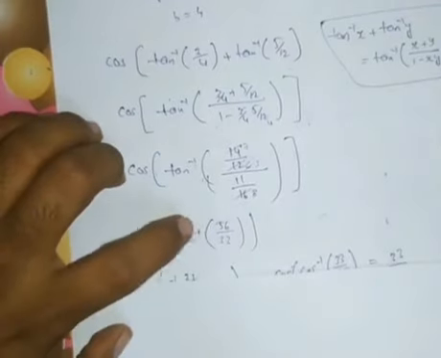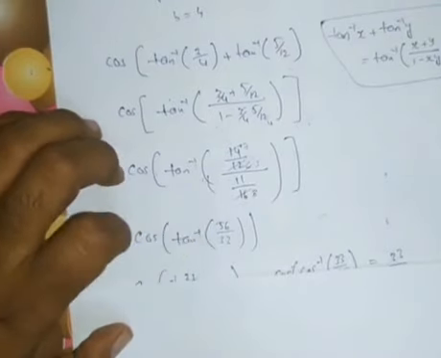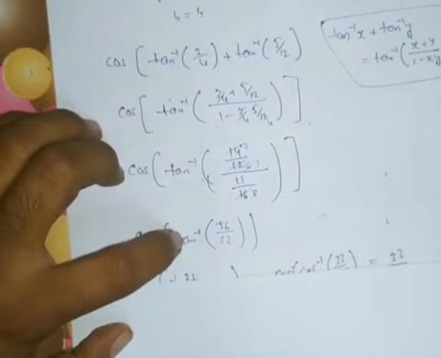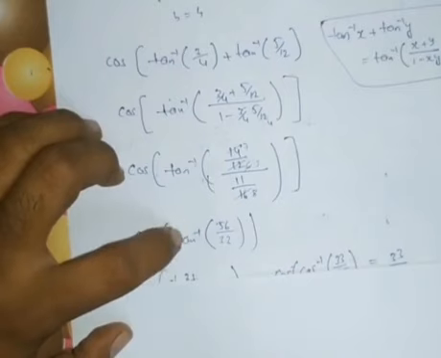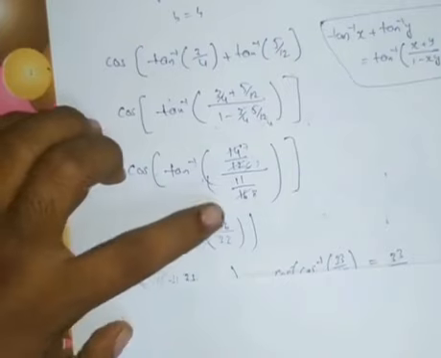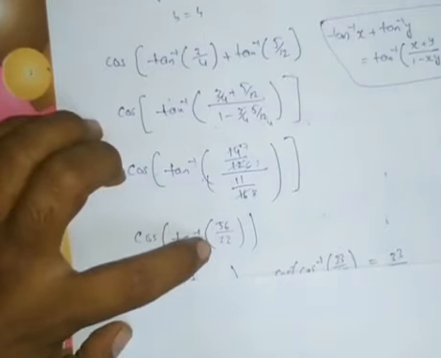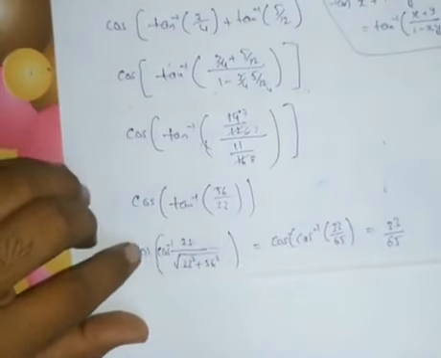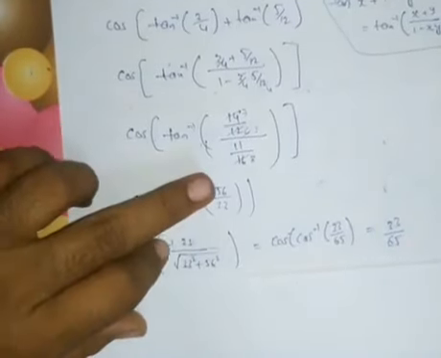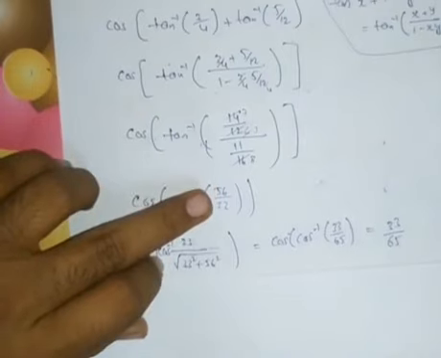Because outside it is cos and inside it is tan inverse, we try converting this into cos inverse. In the previous question we have the relation that tan inverse of a by b is equal to cos inverse of b by under root a square plus b square. Directly writing, a is 56, b is 33.